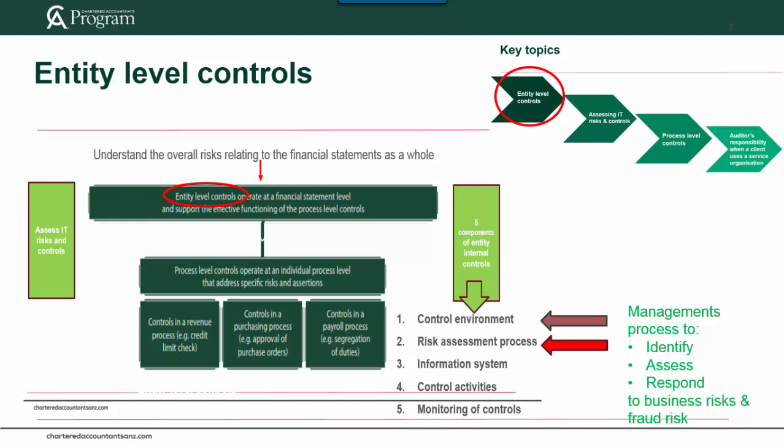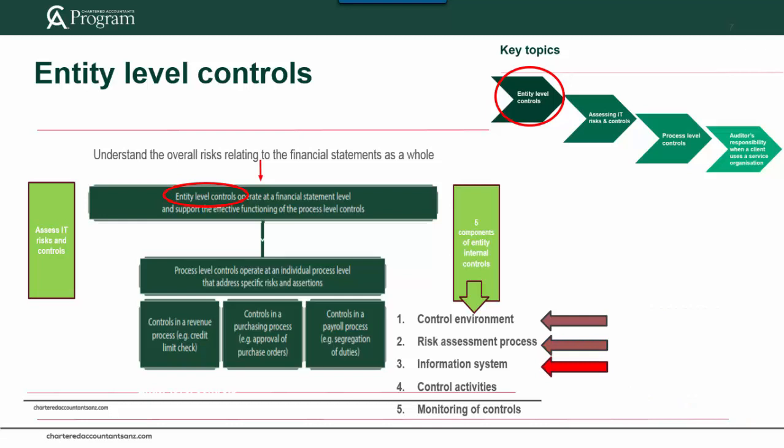Entity-level controls also include controls relating to communication, which is part of the information systems component. Communication involves providing staff an understanding of their roles and responsibilities relating to financial reporting. Effective communication is usually strongly linked with a control environment and applies to the entity as a whole.